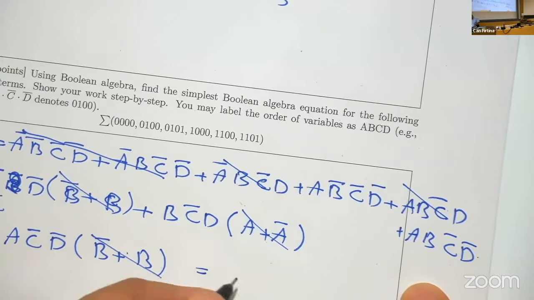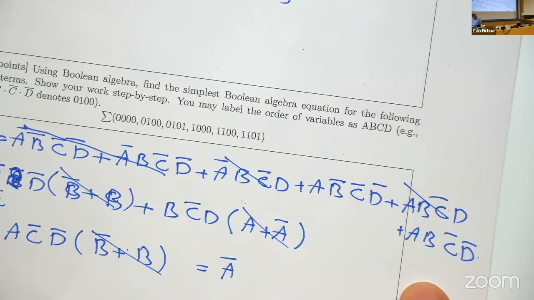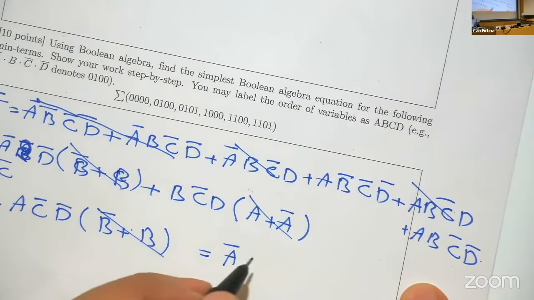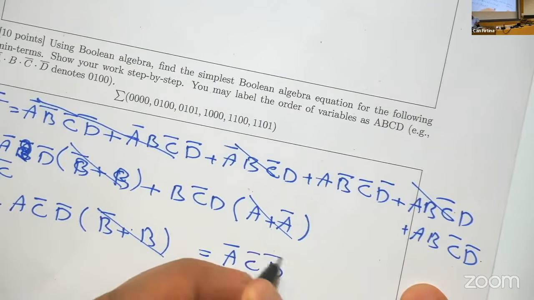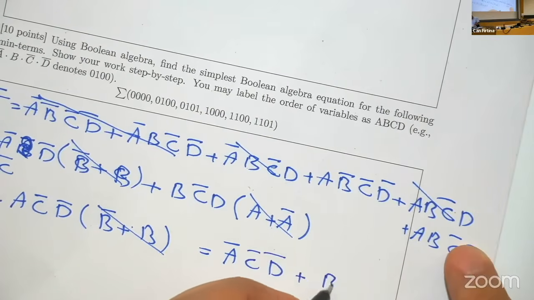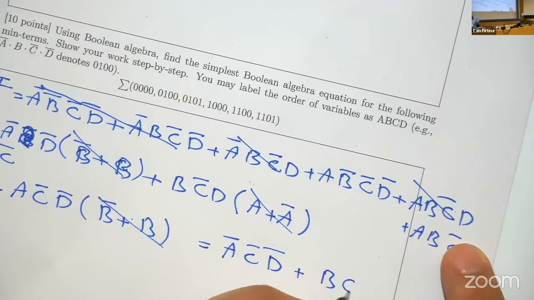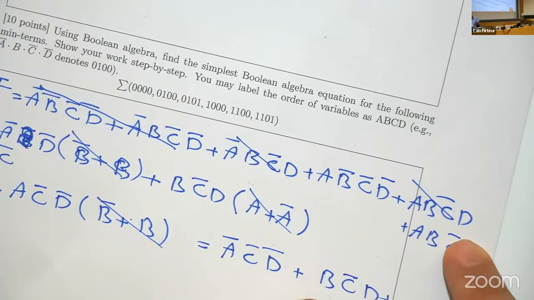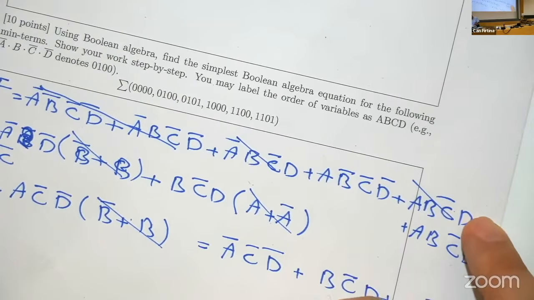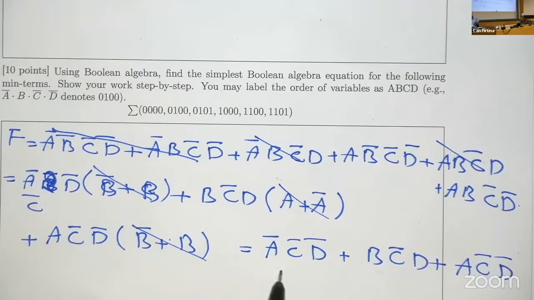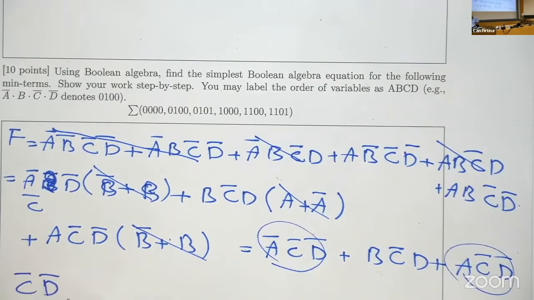So we reach A bar, C bar, D bar, plus B, C bar, D, or A, C bar, D bar. Then we can also cancel these two terms, and we reach C bar, D bar, plus B, C bar, D.